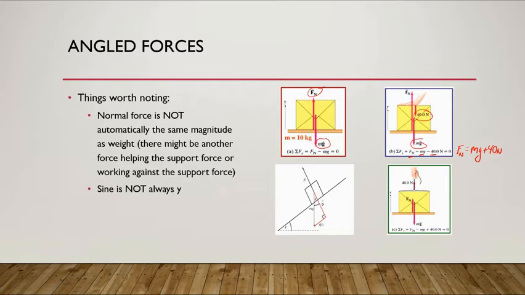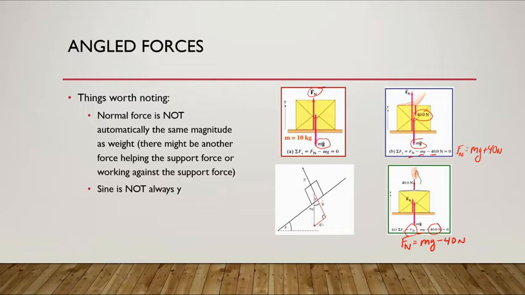Our sum of forces is equal to zero because it's not accelerating, and that's equal to our two upward forces, normal force plus our 40 Newton, minus mass times gravity. So what we end up getting is that our normal force is equal to mass times gravity minus our 40 Newton force.